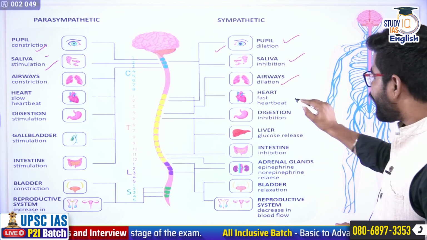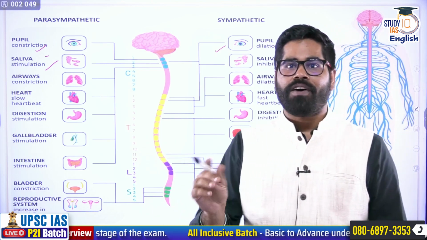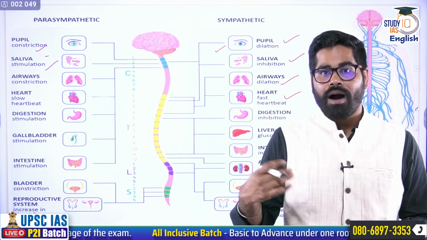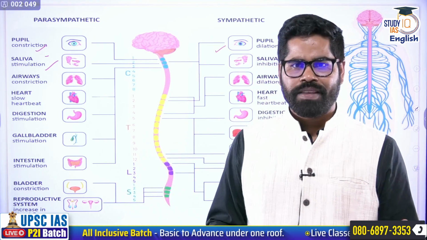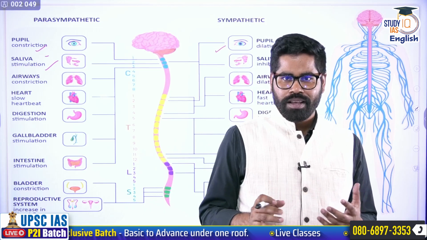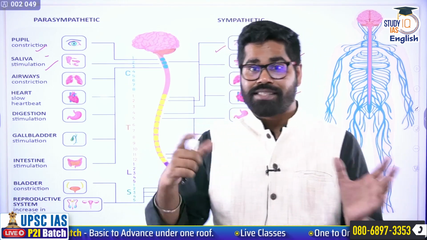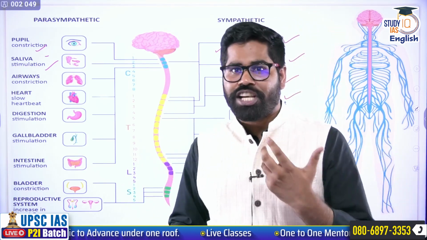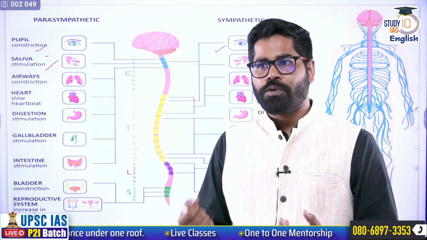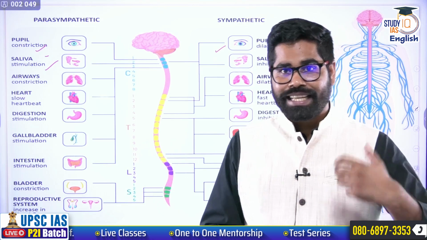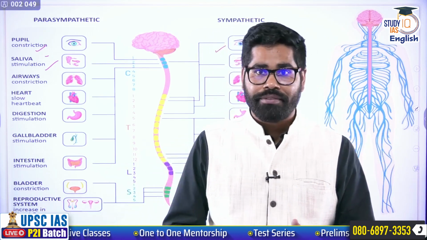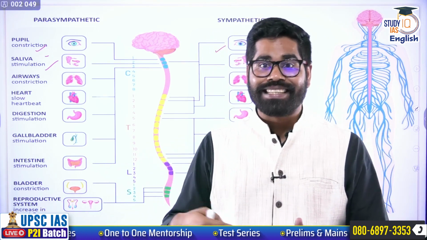One more thing, there would also be a fast heartbeat. The heartbeat will increase. You might have seen this normal thing: whenever something new or exciting is coming up, or even some challenging task, like suppose you are checking your result or the marks in some test you have given, you'll find that your heartbeat increases.